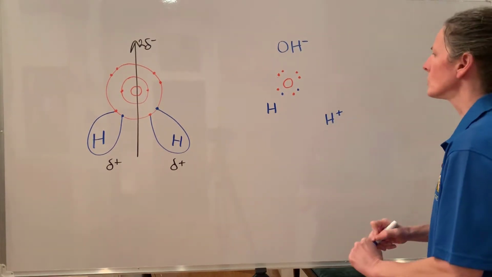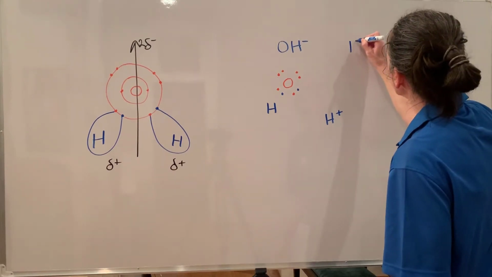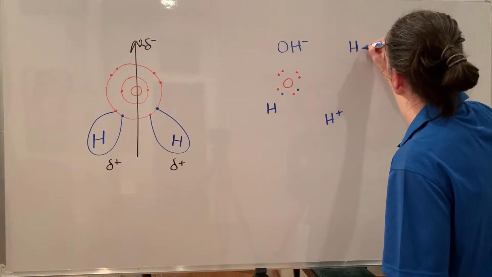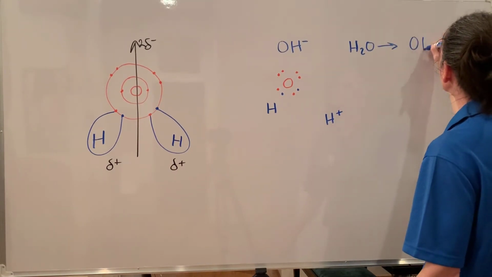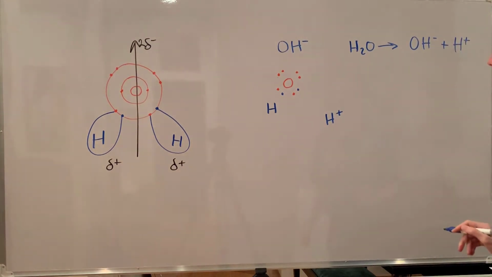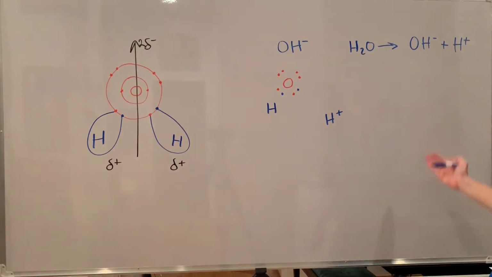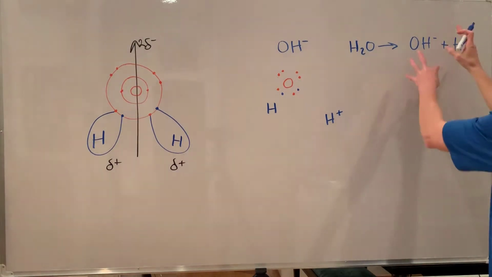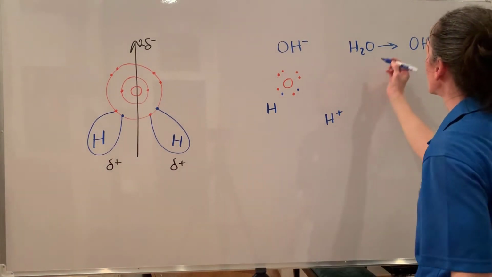In fact, if you look in plain, pure water, you will see that this happens spontaneously. We will have the spontaneous dissociation of water into hydroxide ion and hydrogen ion. But at the same rate that water dissociates, hydrogen ion and hydroxide ion will get back together to form water.